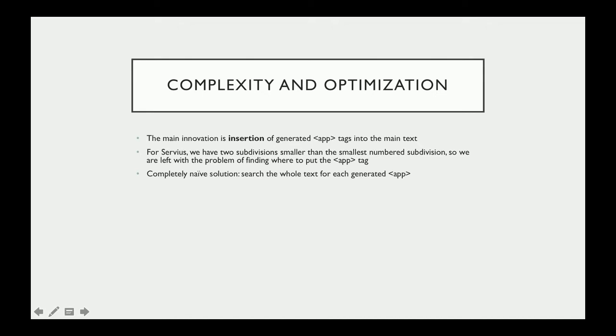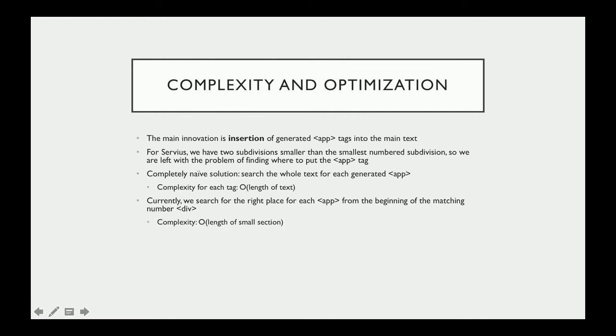The completely naive solution here would be to search the entire text for each generated app tag. This is big O of the length of the text for each tag and is not viable. Currently, I'm searching for the right place for each app tag from the beginning of the matching numbered div. This is big O of the length of a small section. So while it's still linear and not a theoretical improvement, it does represent a huge practical improvement.